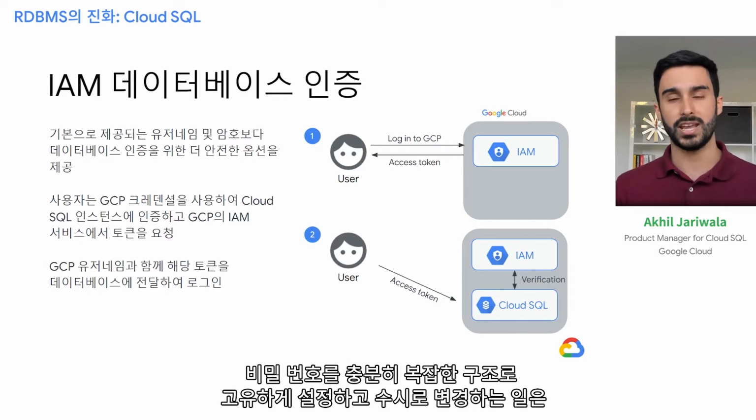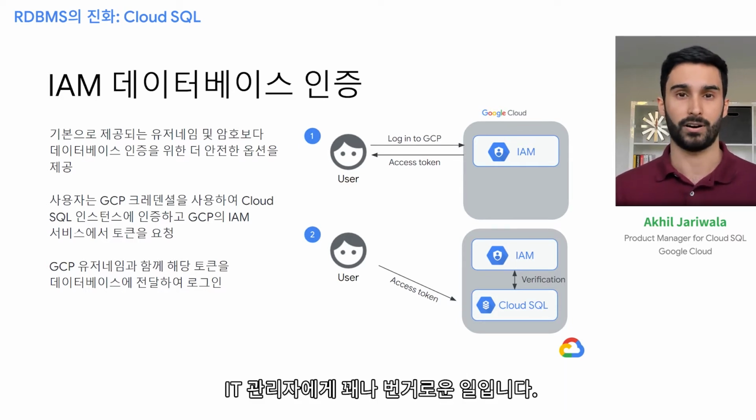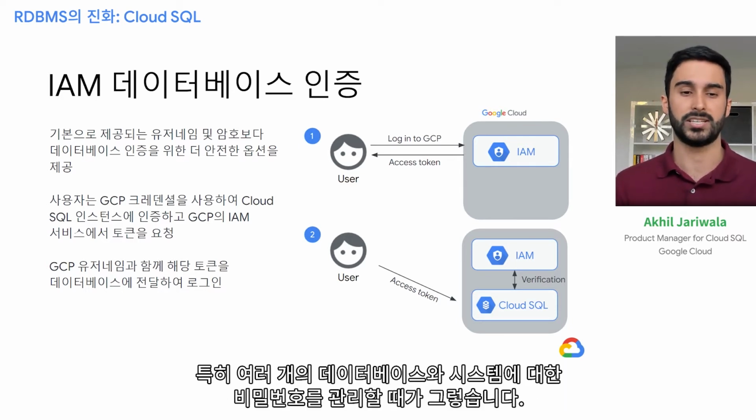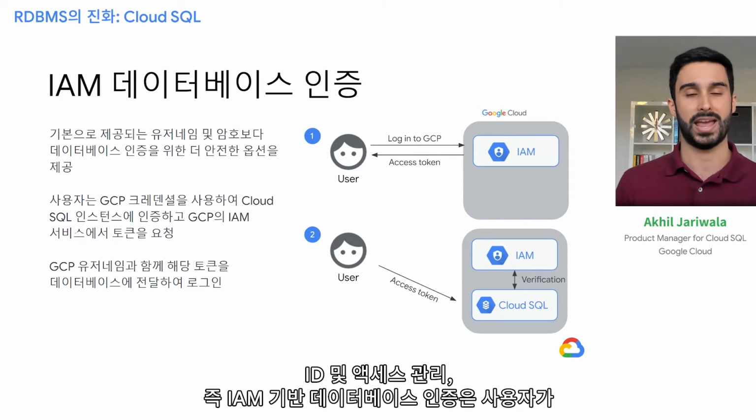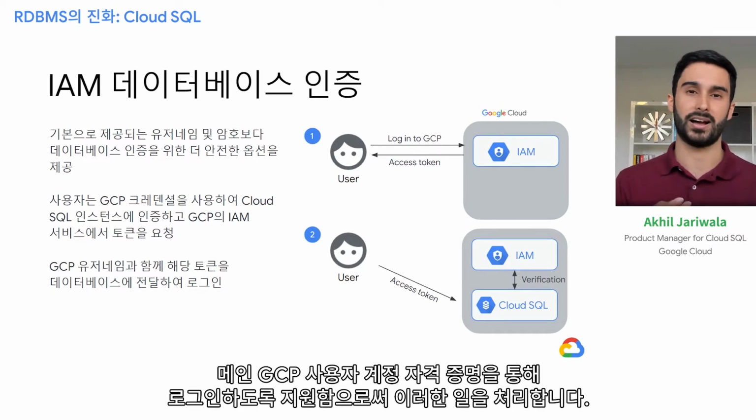Ensuring passwords are unique, sufficiently complex, and rotated frequently enough can be painful for IT administrators, especially when you are managing passwords for multiple databases and multiple systems. Identity and Access Management, or IAM-based database authentication, takes care of this by allowing users to log in with their main GCP user account credentials.